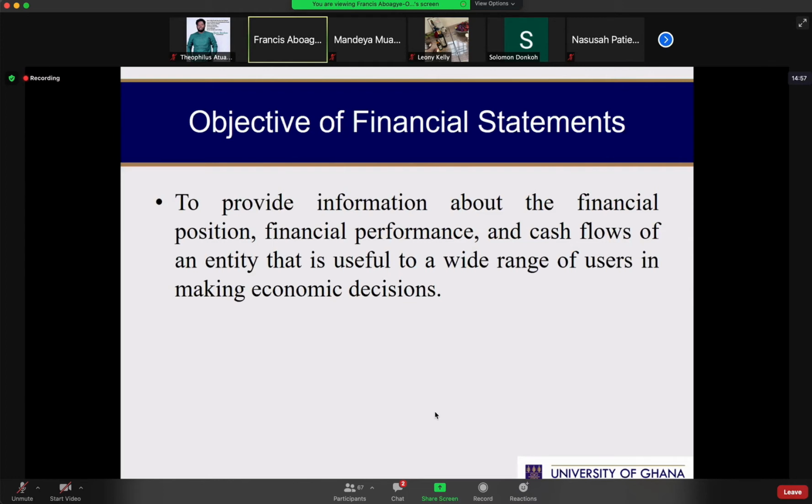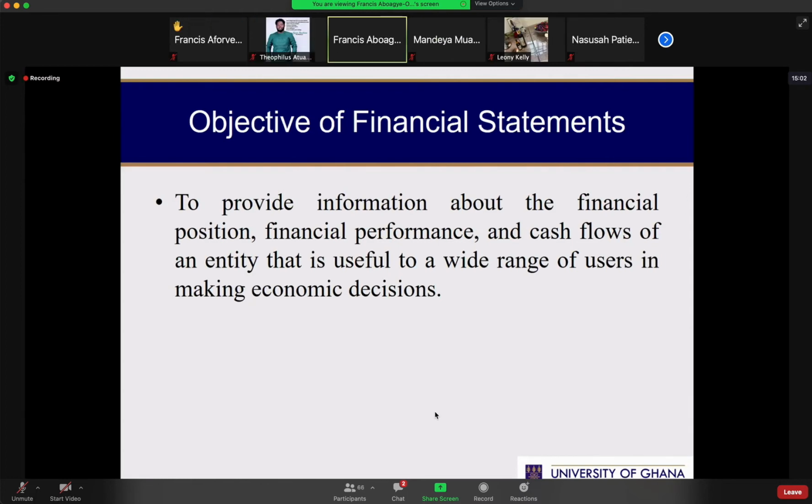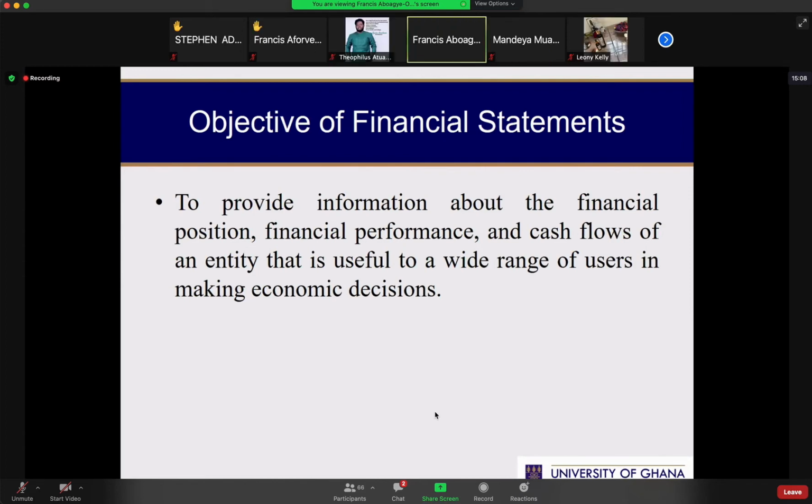So basically, if you have resources or if you have money, you can commission a special purpose financial statement. Yes, Francis. I think it's general because all elements are inclusive. That's why. Okay, yes, Steven.